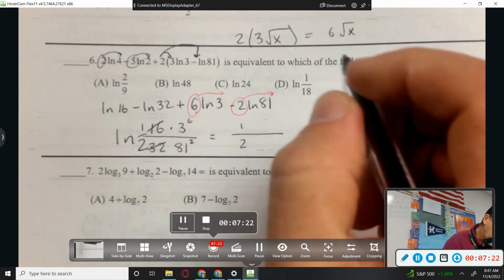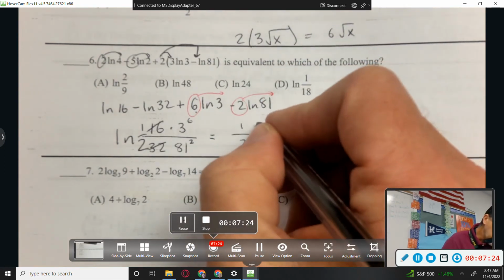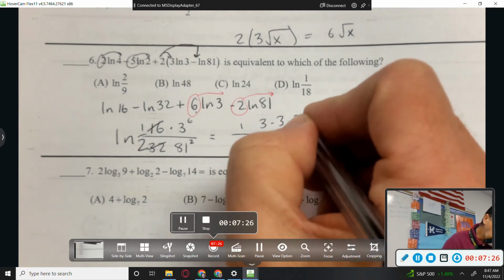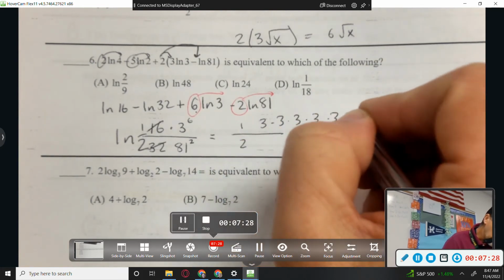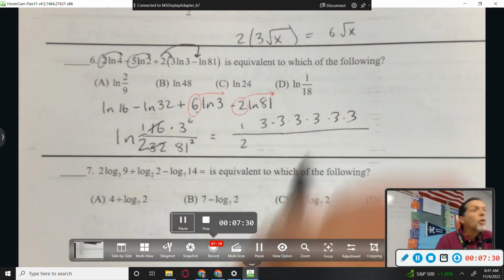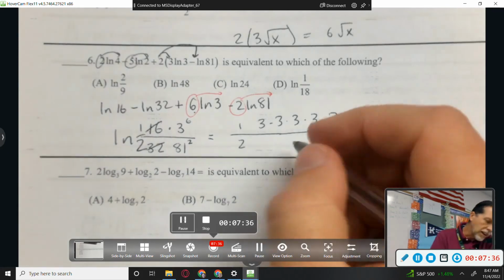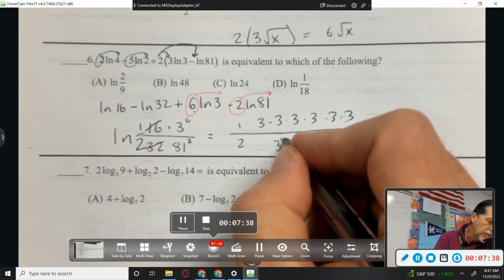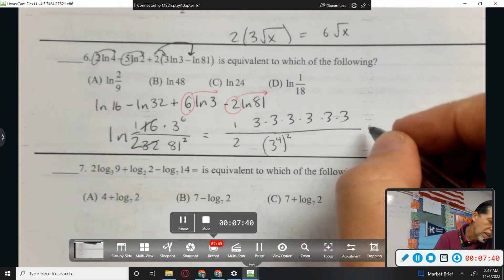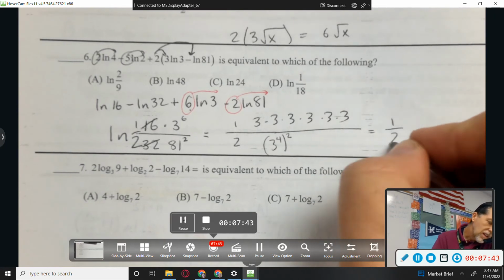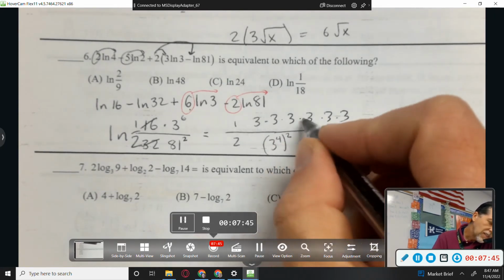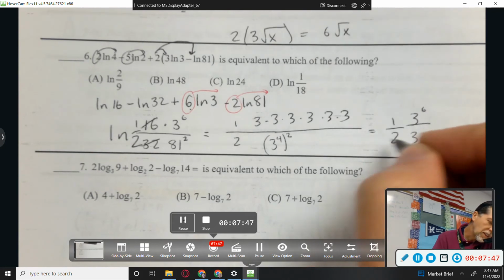Take an educational guess. You know what? Let's do it this way. Oh. 3 to the what is 81? Right, 3 to the what is 81? That's a good question. 4. So I didn't really need to write all those out. 3 to the 4th is 81. So I've got 3 to the 6th over 3 to the 8.